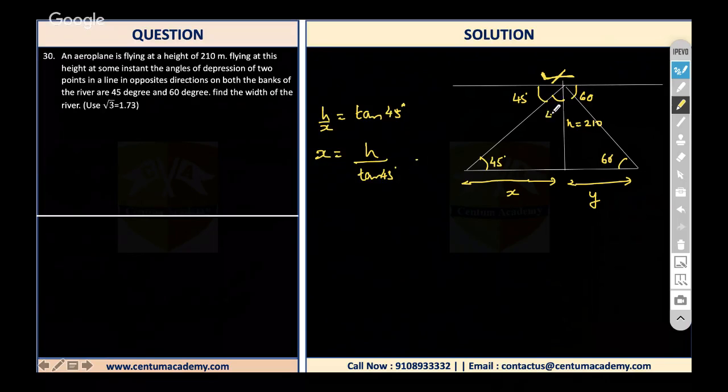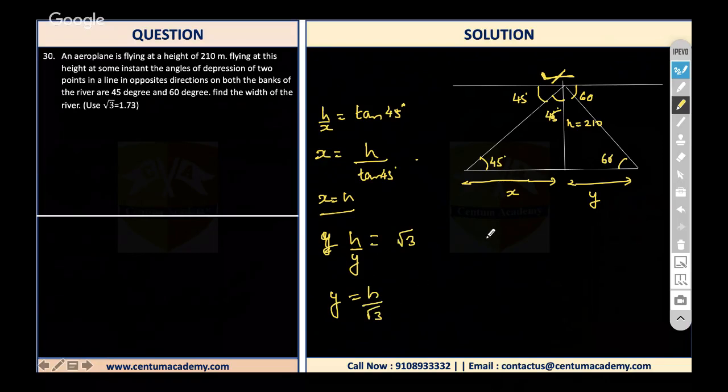From geometry also, this is a 45 degree isosceles triangle, and hence you can say h equals x. Anyways, tan 45 is 1, so x equals h. And what about h upon y? H upon y is tan 60, so root 3. So y is h by root 3.